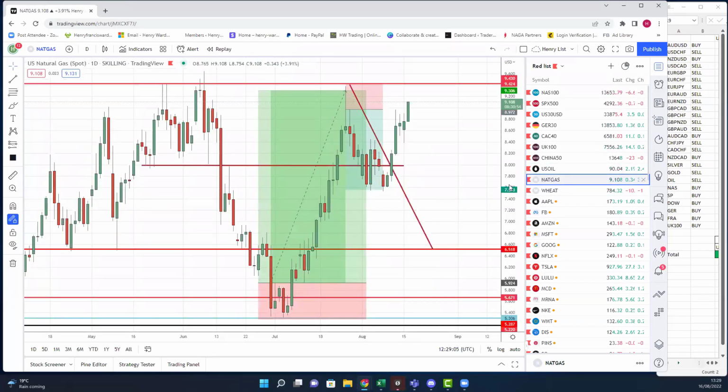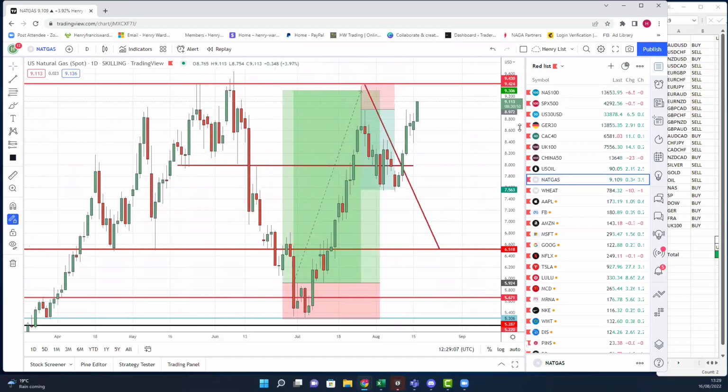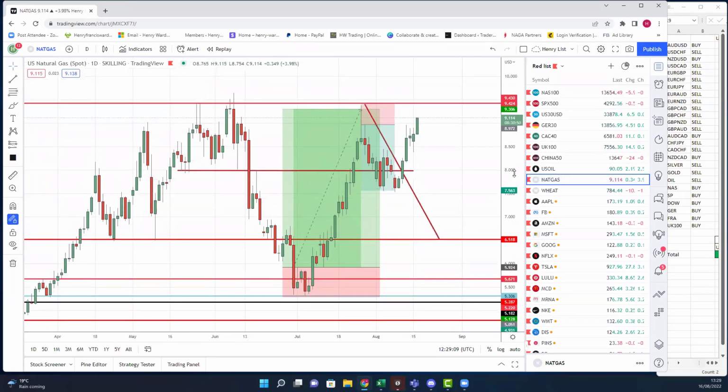Natural gas. So will natural gas break this level? 9.4 level. Will natural gas break that?